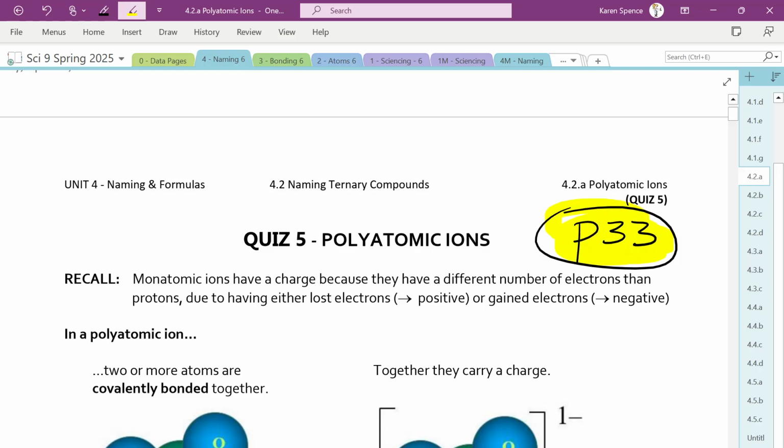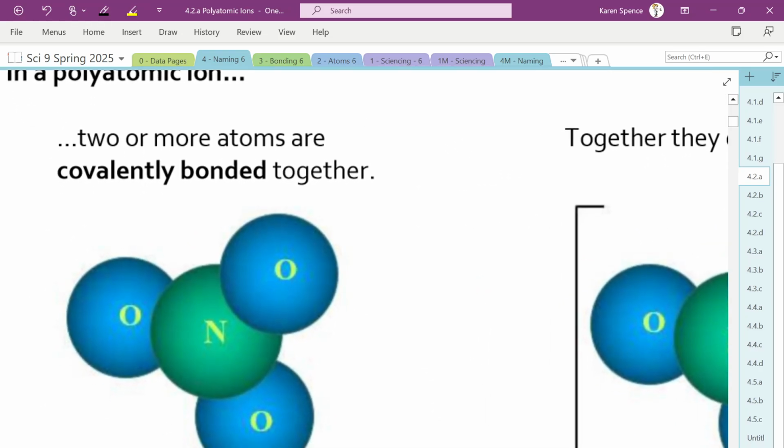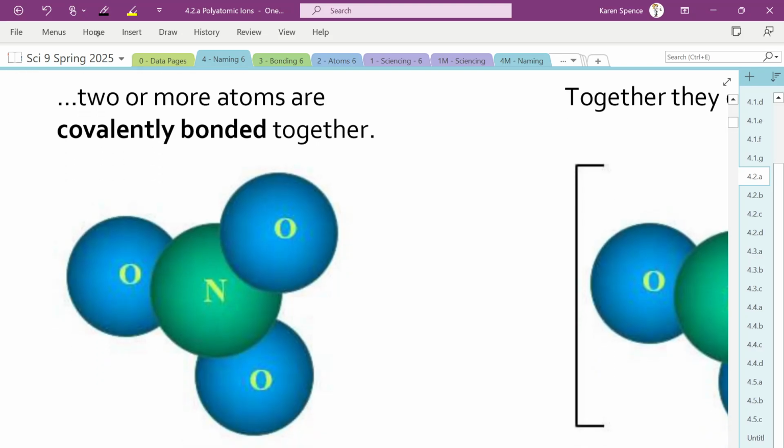So we've already, in the last unit, been introduced to polyatomic ions. And so in a polyatomic ion, we have 2 or more atoms, and because it is a non-metal, oxygen is a nonmetal. And nitrogen is a second nonmetal. What kind of bond?